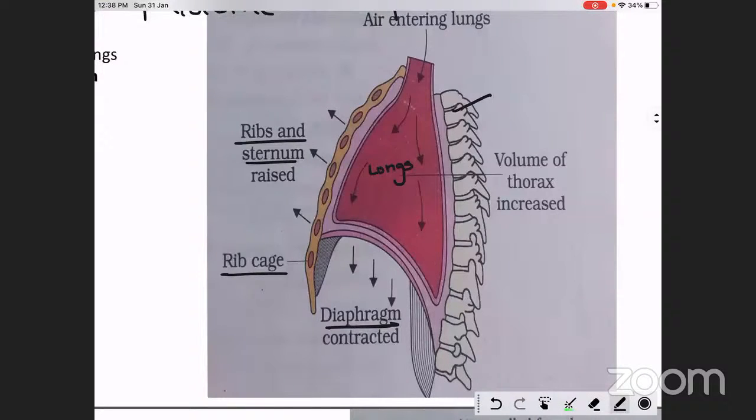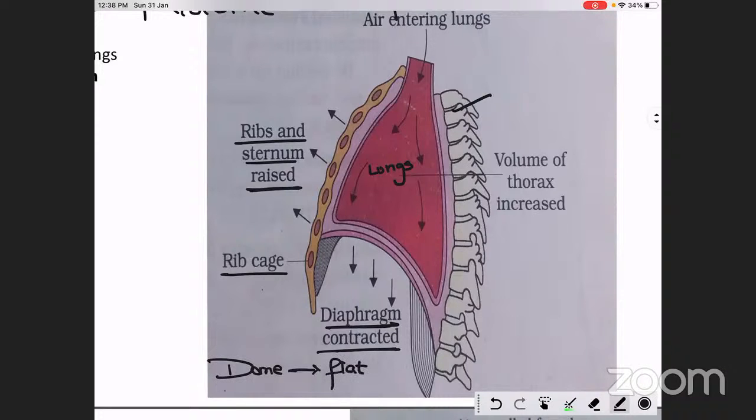So ribs and sternum are raised first, moving towards the outside. The diaphragm, which is present as the inferior wall, will now contract. If the diaphragm contracts, it converts from the dome shape to the flat shape.